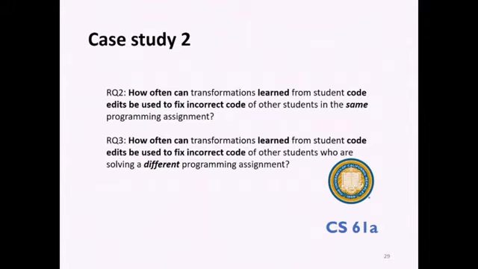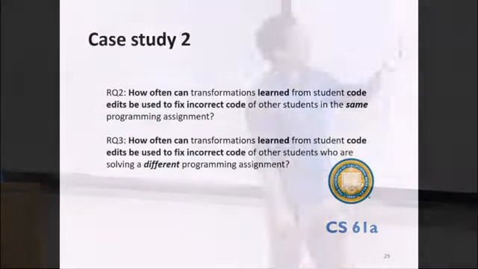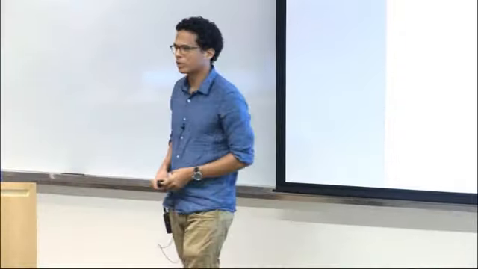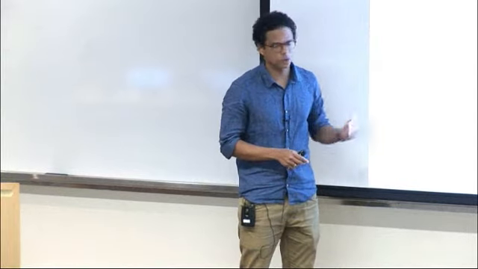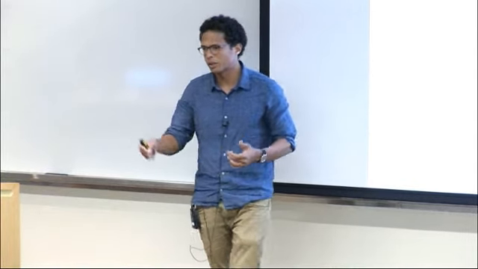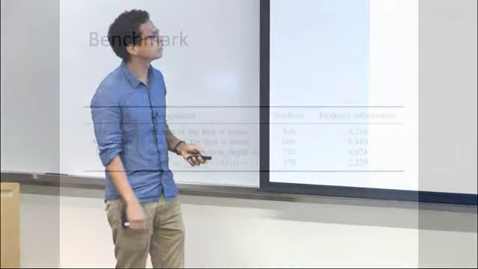So we also evaluated Refazer on this education scenario, and we used data from the introductory programming class in Berkeley. It has more than 1,000 students per semester, and they log all the information of the homework assignments.